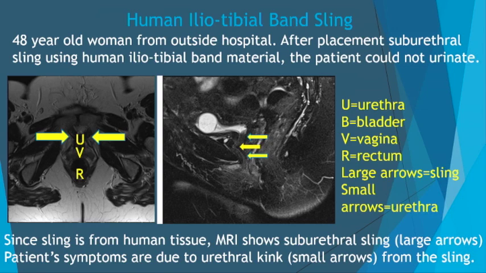So this is an MR showing her pelvis, and you notice this low intensity band, that's the iliotibial sling. And then on the parasagittal exam, this is the level of the sling, and notice this is the urethra, and it angulates very sharply where that sling was placed. And so it's very clear that in this particular case, the problem the patient has is due to a sling which was placed too tightly.